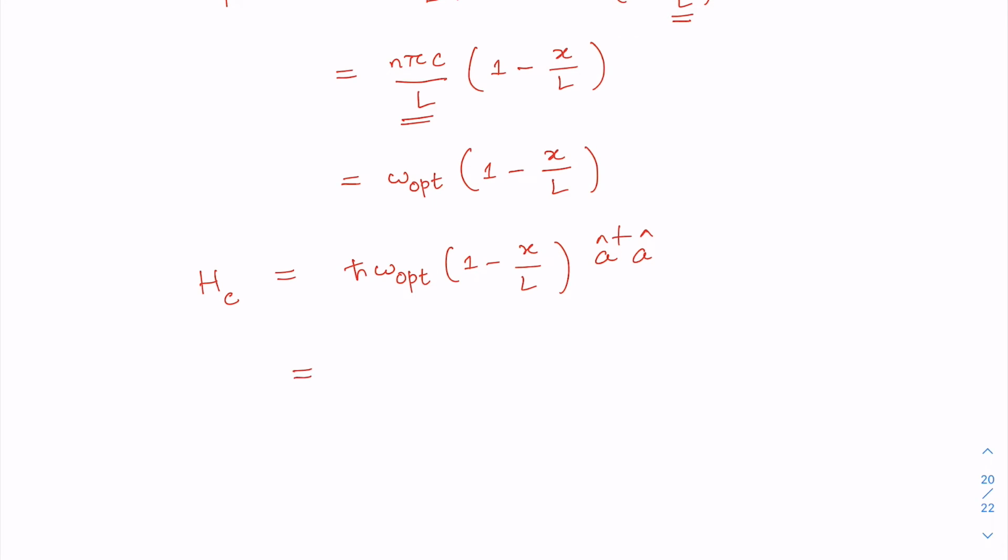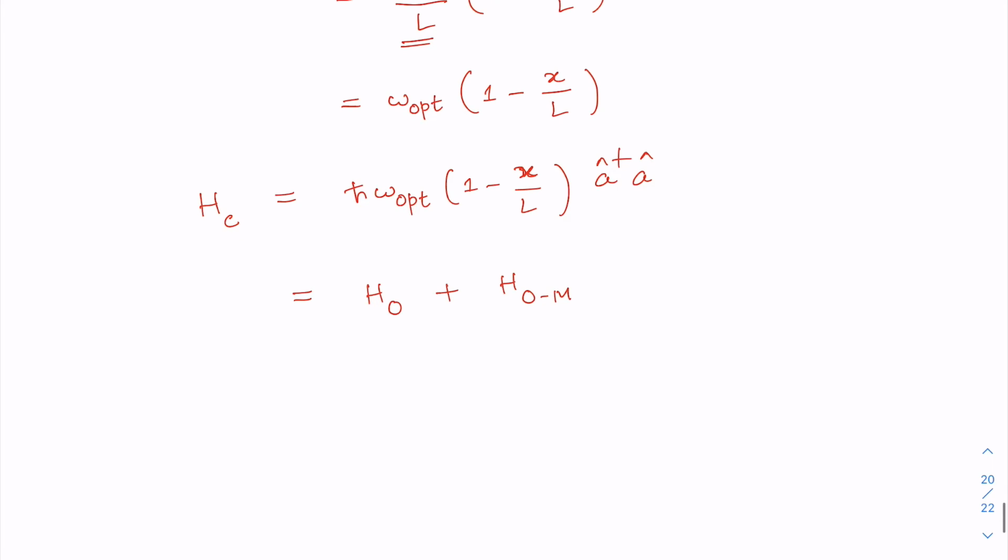into two parts. One, I can write as the optical photon HO, and another one would be the interaction between the optical photon and the mechanical oscillator, which is actually here in the quantity x, right? X is coming from the movable mirror or the mechanical oscillator. So this particular term would be responsible for the photon-phonon interaction.